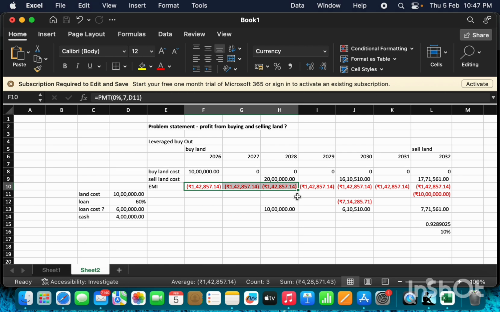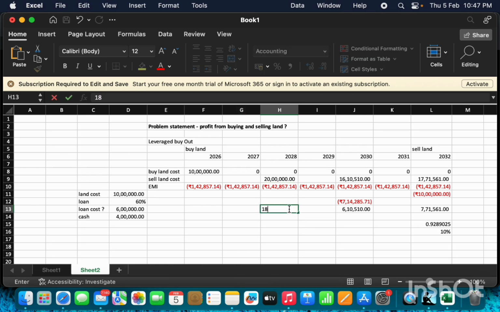So I have to pay 1.5 lakhs more. That gives me a whopping profit of almost 18.5 lakhs. That implies I paid 4 lakhs, I owned the property for 4 lakhs, and I made almost 18.5 lakhs.